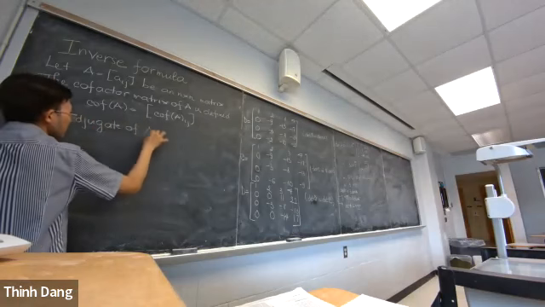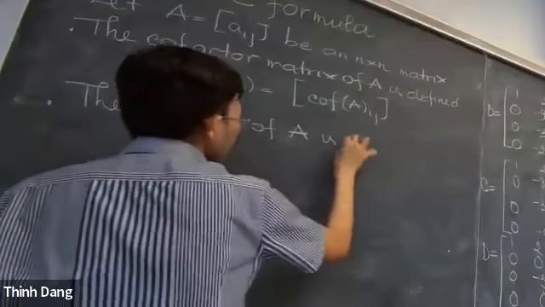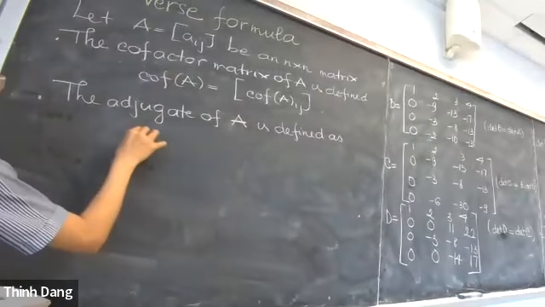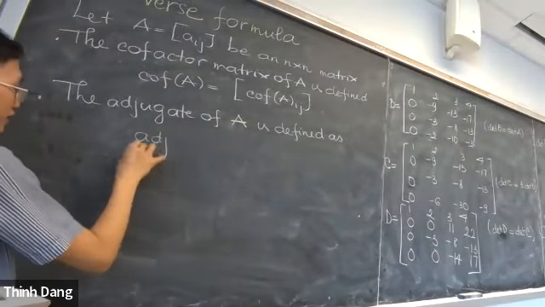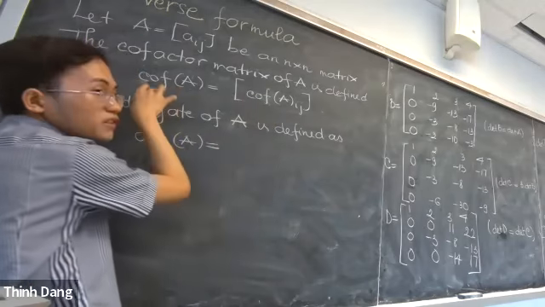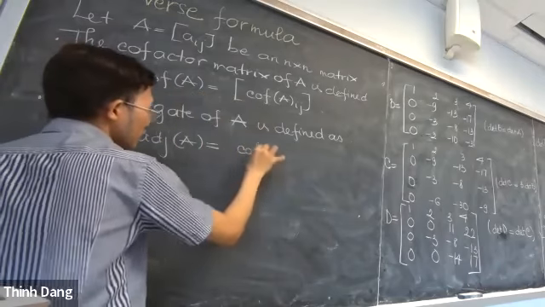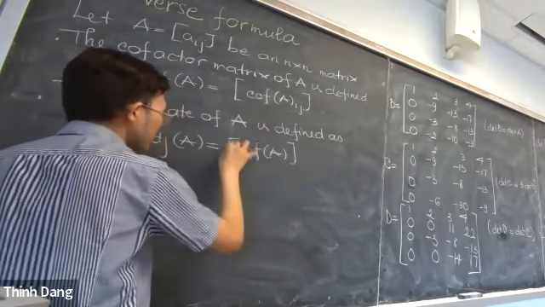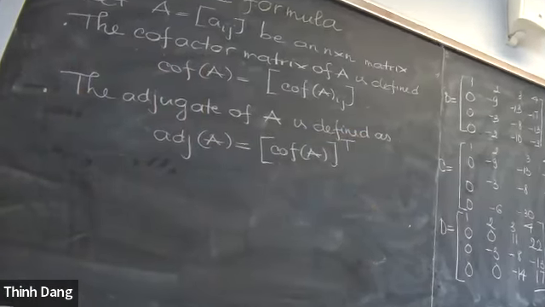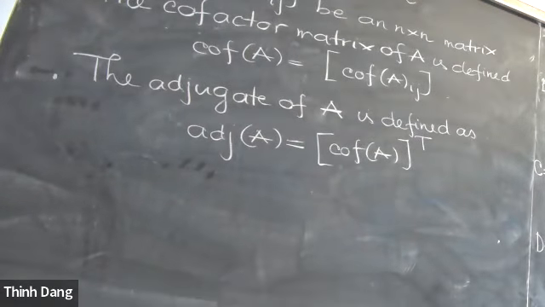The adjugate of A is denoted adj of A, and it is simply the transpose of the cofactor matrix of A. So there are two new definitions.